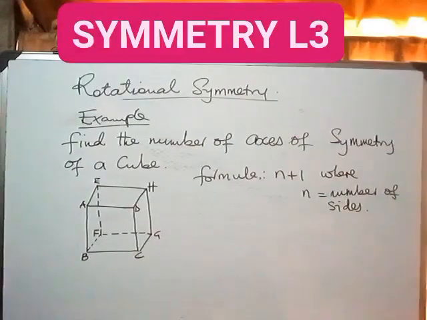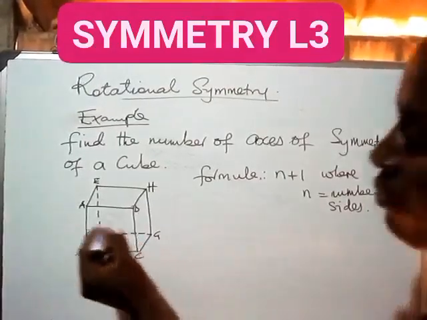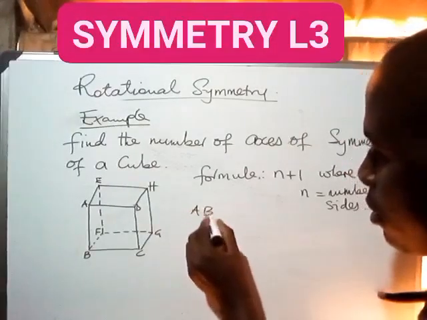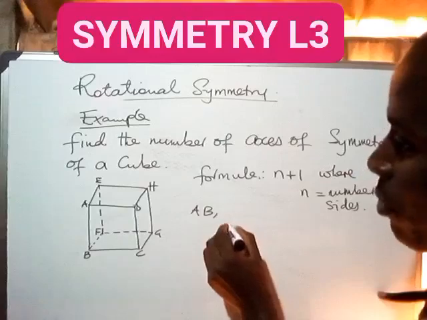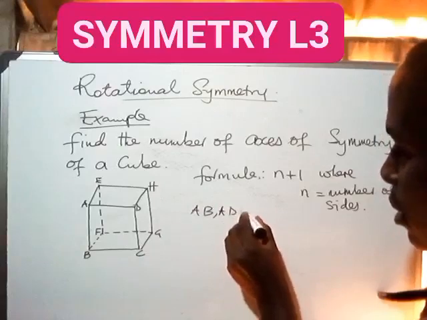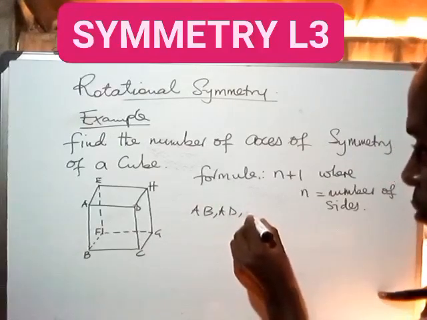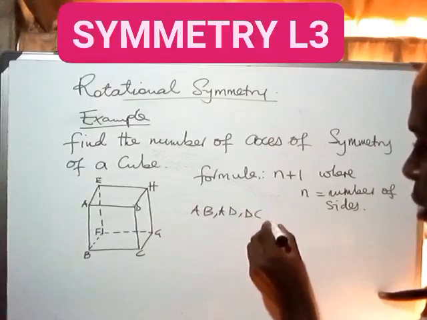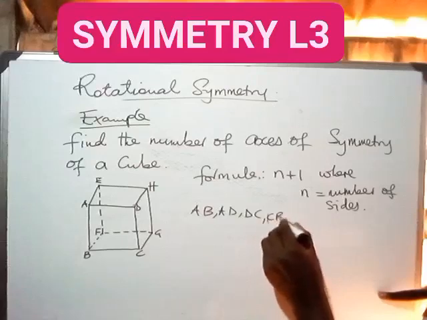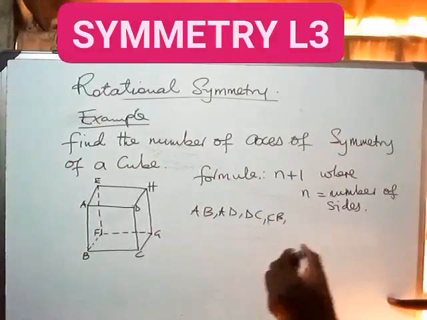When you look at that cube there, how many sides does it have? Let's count the number of sides. Maybe I just name them. Side AB, comma, side AD, comma, side DC, comma, then side CB, comma, what other side do I have?